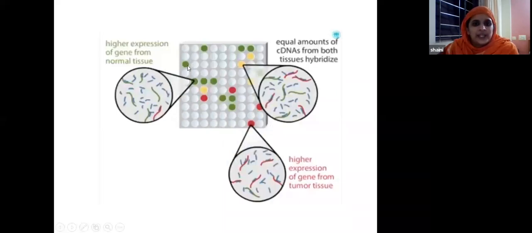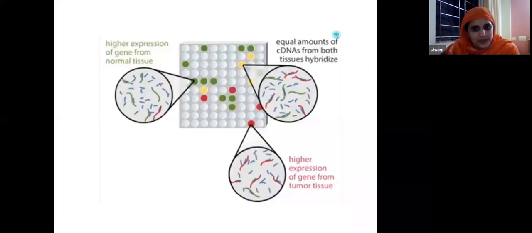When you get yellow, it means that equal amounts of DNA from the normal tissue as well as the tumor tissue are expressed, or you can interpret it as the gene expression in this particular location of the tumor tissue is equal to the normal tissue.